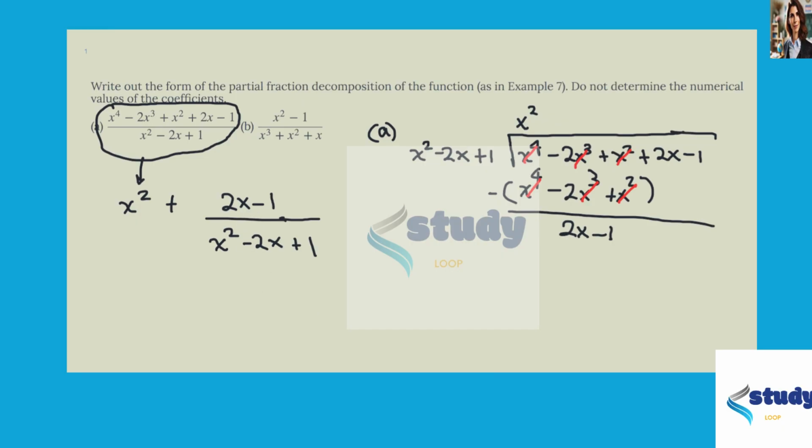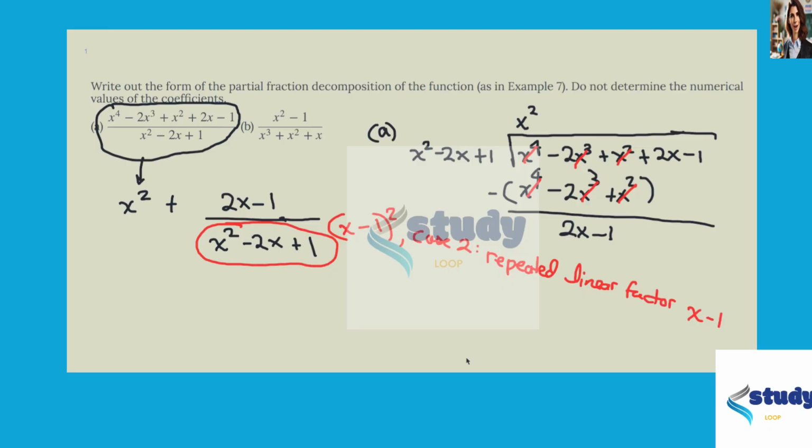As before, always look at that denominator and see if it can be factored. Here we can factor this as x minus 1 squared. So this is what the book calls case 2. This is the repeated linear factor, which in this case is just x minus 1.